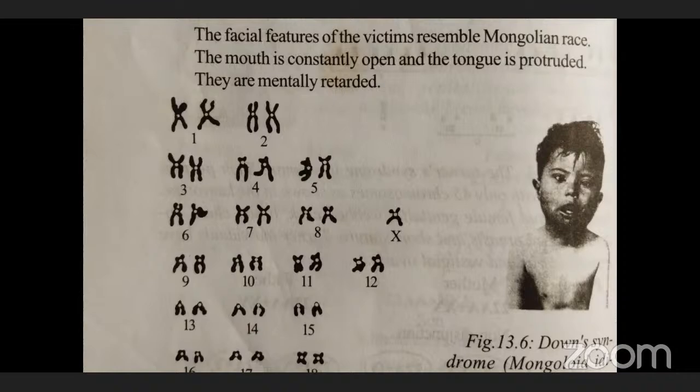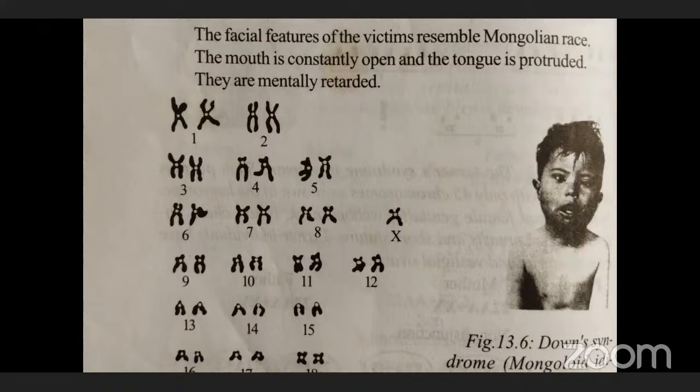Down syndrome is also caused by chromosomal aberration due to trisomy, trisomy of an autosome. Here there are 47 chromosomes instead of 46, and chromosome number 21 is represented by three copies. Hence, it is caused by autosomal aneuploidy.